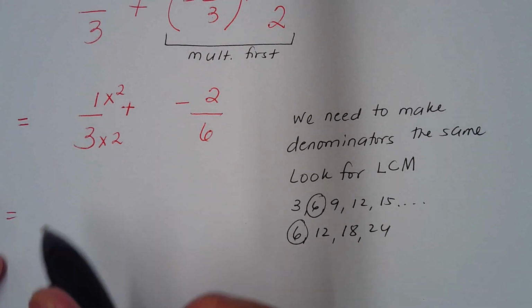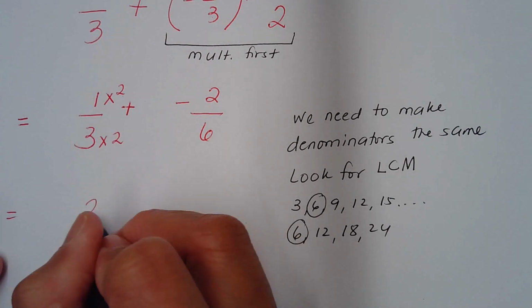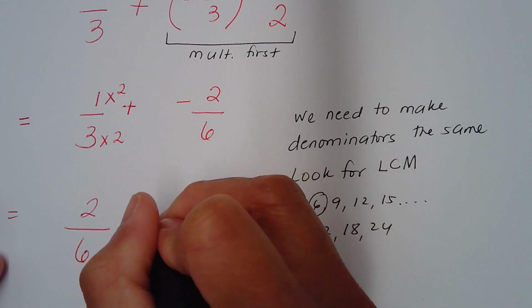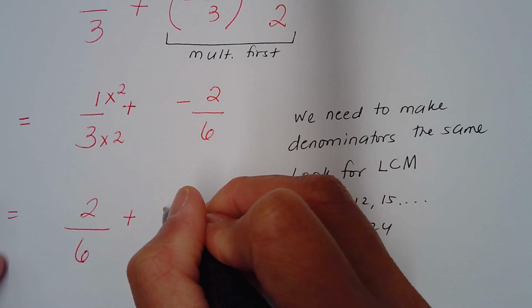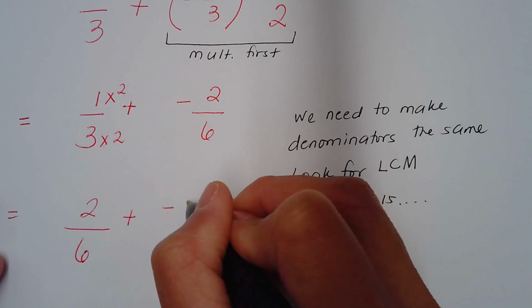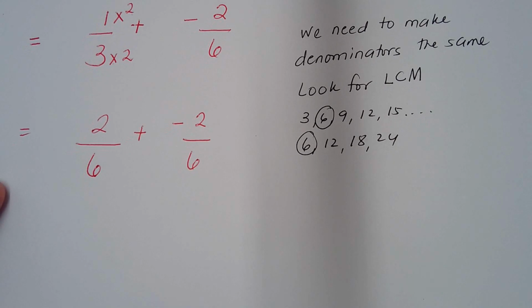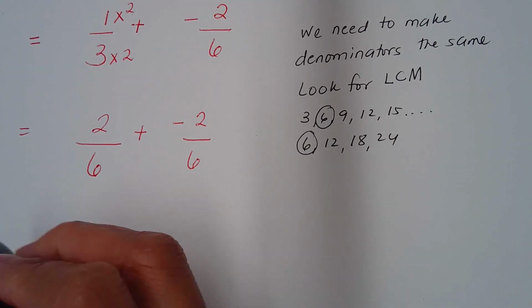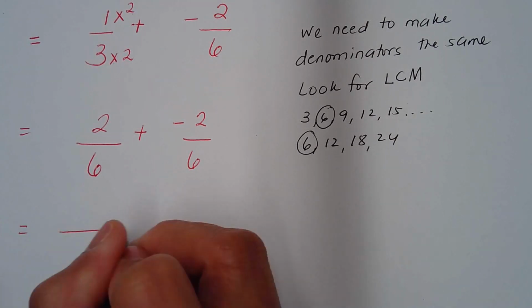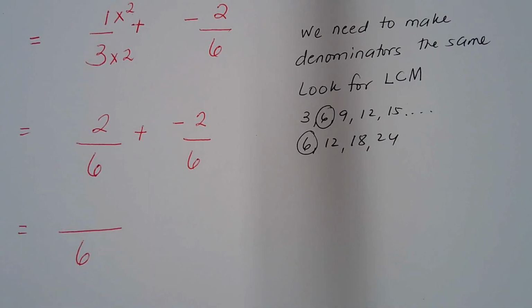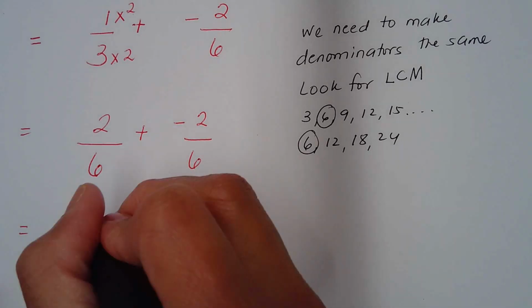Good. So 1 times 2 is 2. 3 times 2, 6. Plus negative 2 over 6. Okay. Now that they have the same denominator, you got 2 plus negative 2 is 0.